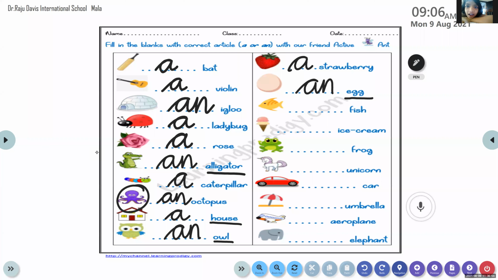Mitra. Yes, ma'am. Come on, read the next word for me. Fish. Okay, so whether we have to use a or an? A. Very good. If anybody hasn't got a chance, please do raise your hand so that I may call you. Bhagyashri, come on.